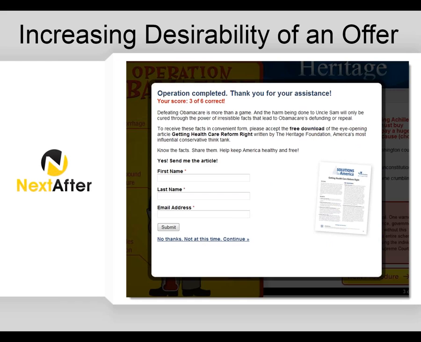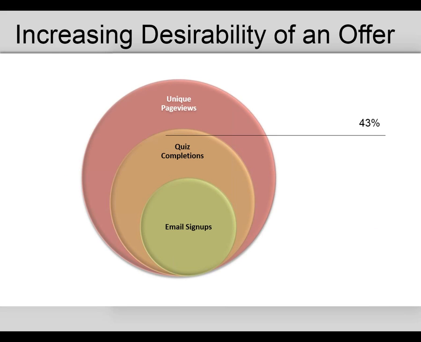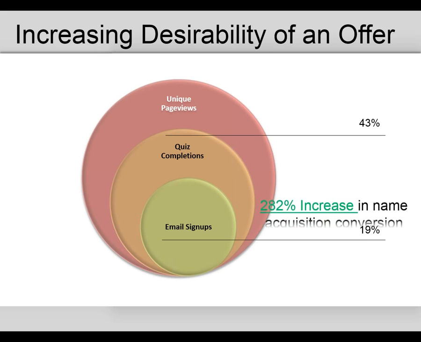And what we discovered by doing this, first of all, we had 43% of people go all the way through the quiz. We had 19% of the people that came to the website actually complete the email capture and give us their email address.